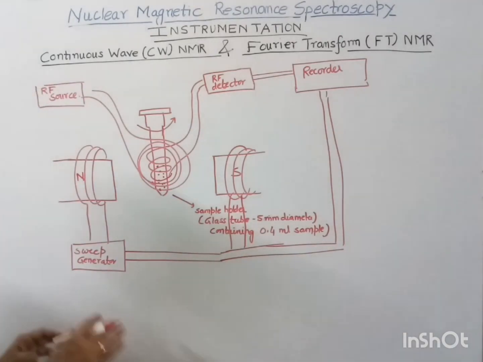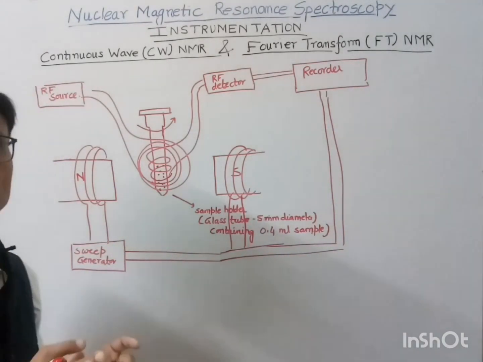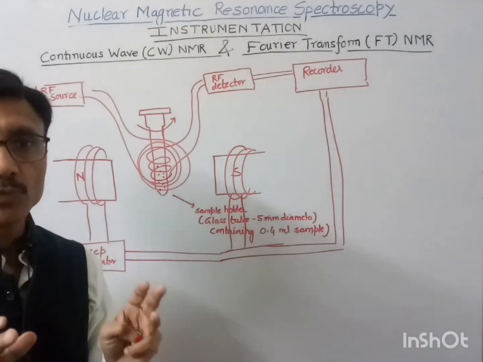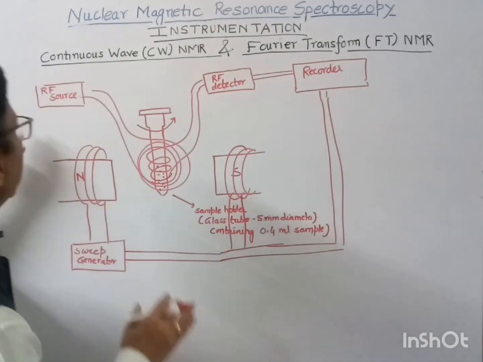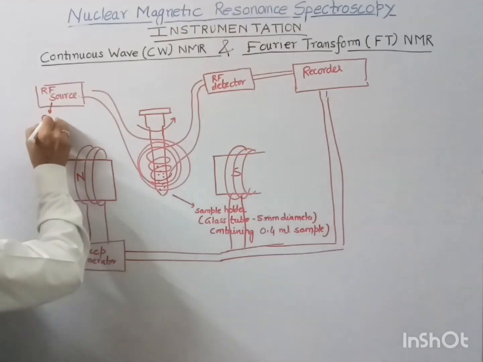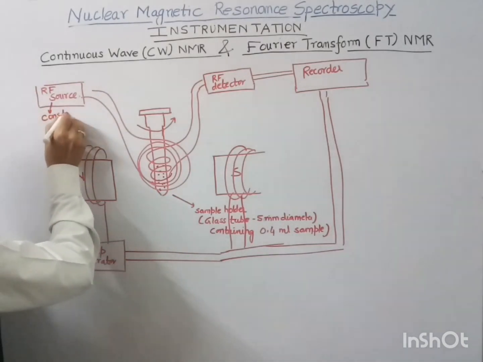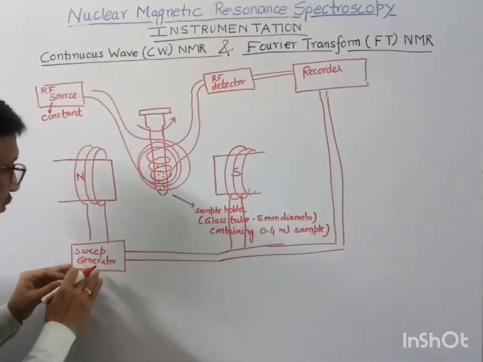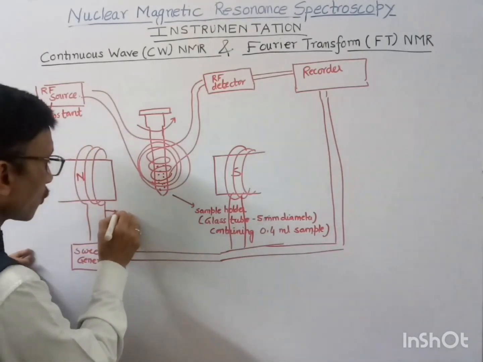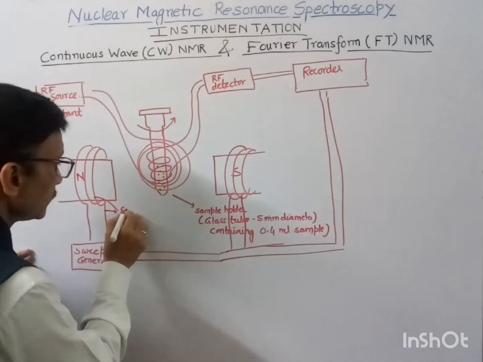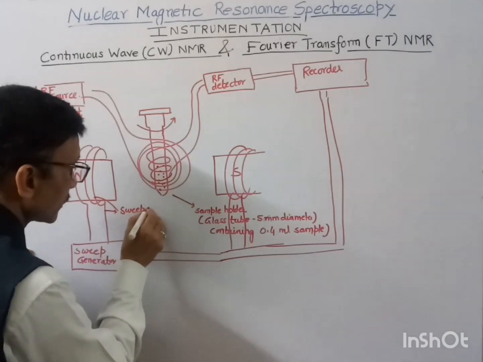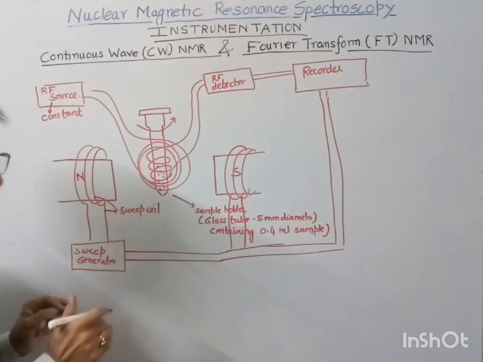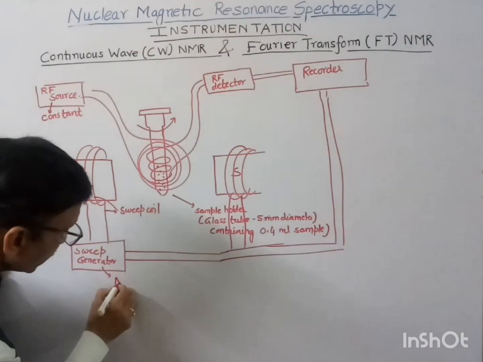So what I told you is that usually in the NMR spectrophotometer the frequency is kept constant. So this radio frequency is kept constant, and the magnetic field is varied using the sweep generator. This is also called the sweep coil. So with the help of this sweep generator, the magnetic field is varied.